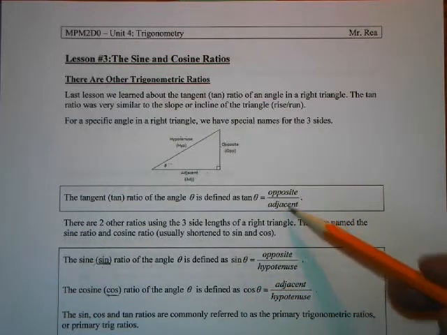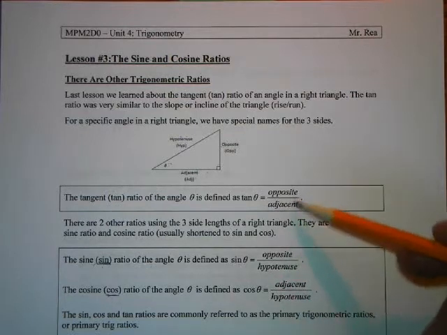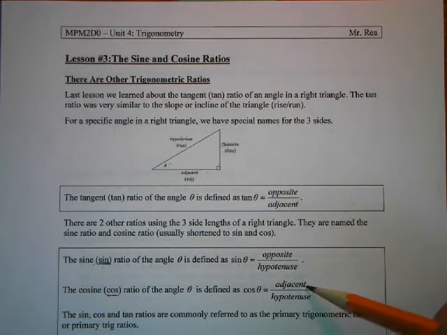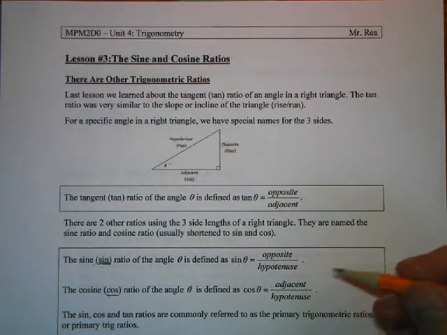That takes care of two of the three combinations, and the third combination would be adjacent and hypotenuse, and that's where the cosine ratio comes in. You'll see why we do this in a minute. We call these three ratios the primary trig ratios.